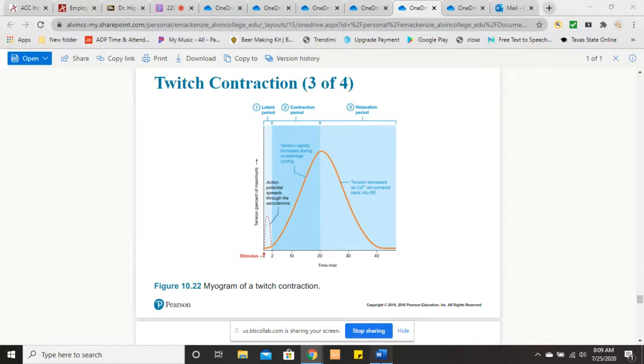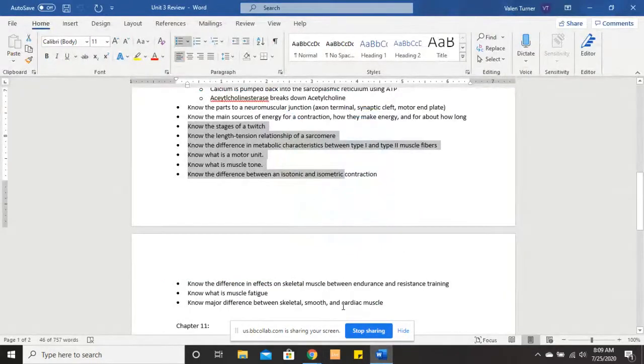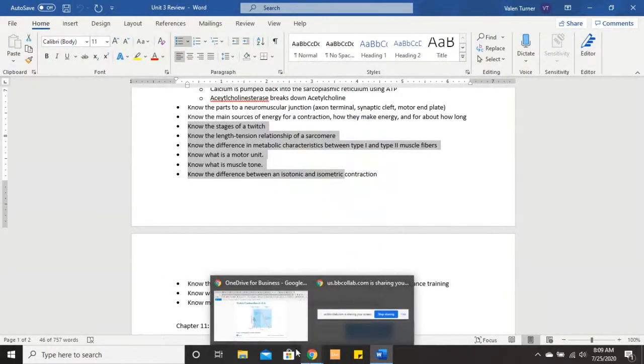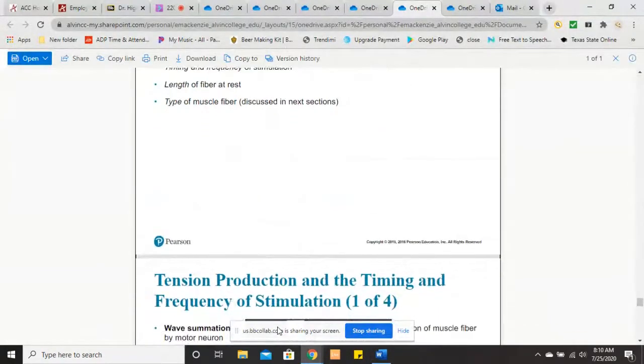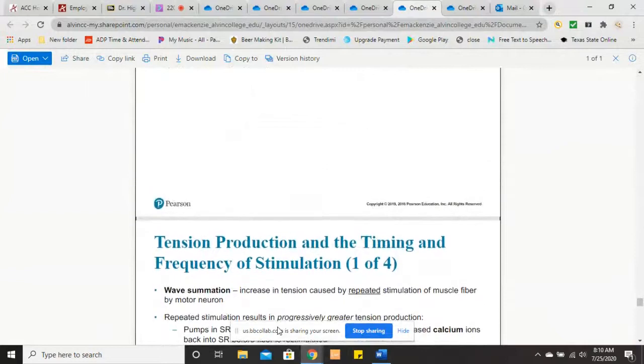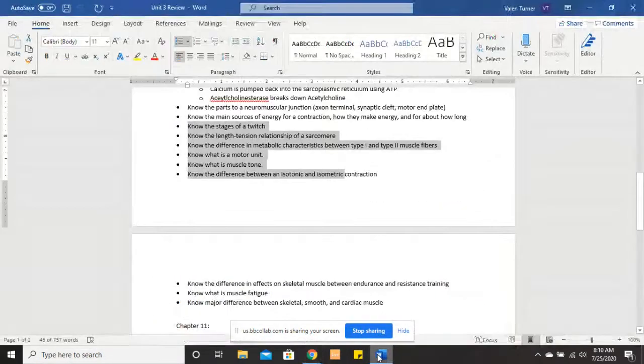Keep going. There's even a relationship to how long your muscle cell and sarcomere could be and how much of a contraction you could generate. It's called a length-tension relationship. Turns out there's an ideal length you want to your sarcomere. Remember, when you're relaxed, everything's spaced out.